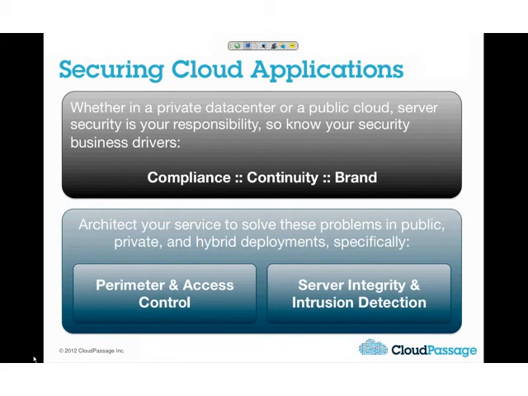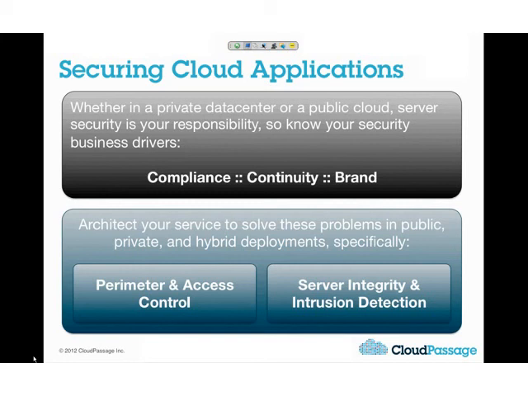Because no matter where you are, either in a private data center or a public cloud, server security is your responsibility. So as C-level executives who are trying to launch services in the SaaS space, keep in mind your high-level business drivers: regulatory compliance, business continuity, brand management, all those different things go into planning your security deployment.